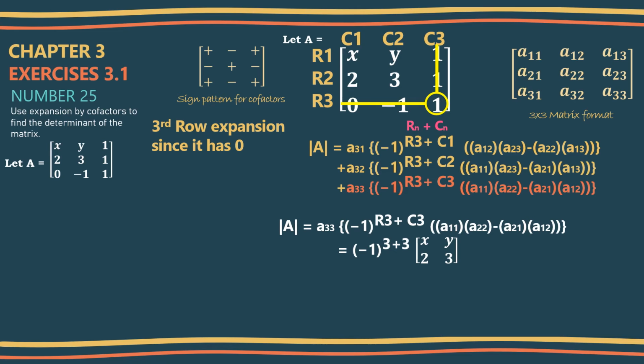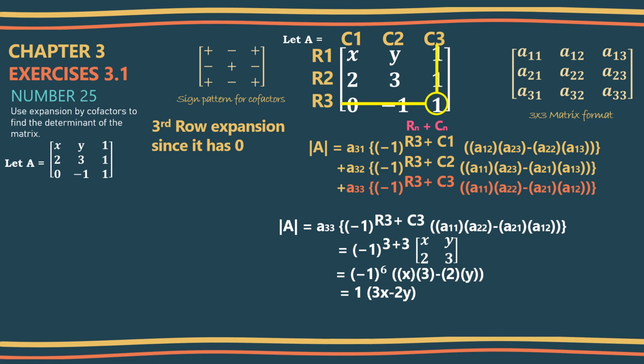We have 2 by 2 matrix. We now have x, y, 2, 3 equals negative 1 raised to 3 plus 3 is 6 times x times 3 minus 2 times y.